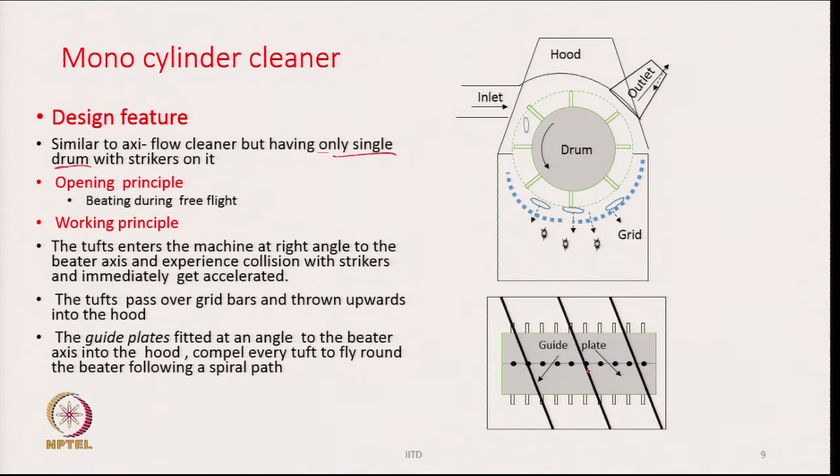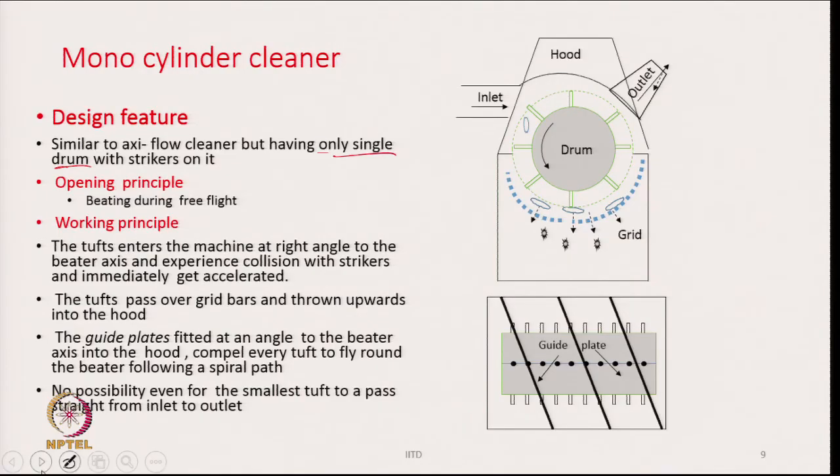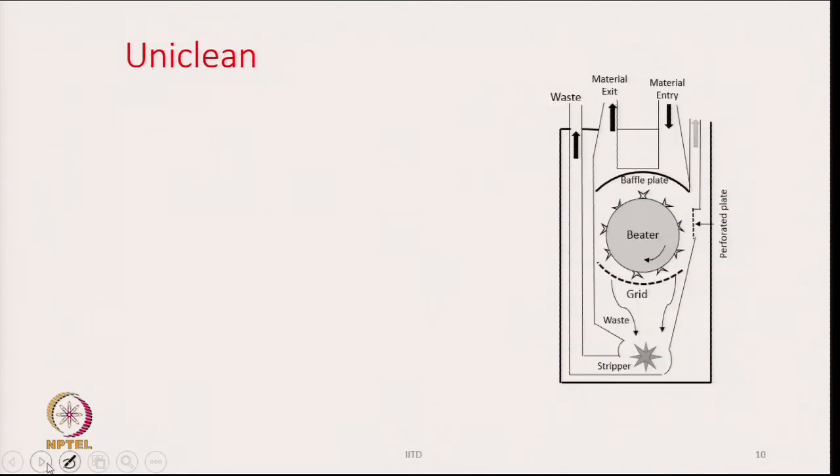The idea is that they should spend more time within the machine. Unless they spend sufficient time, if they quickly pass through, the cleaning opportunity will be lost. So, here there is no possibility even for the smallest tuft to pass straight from the inlet to the outlet. They all have to spend sufficient time and only then can they move.